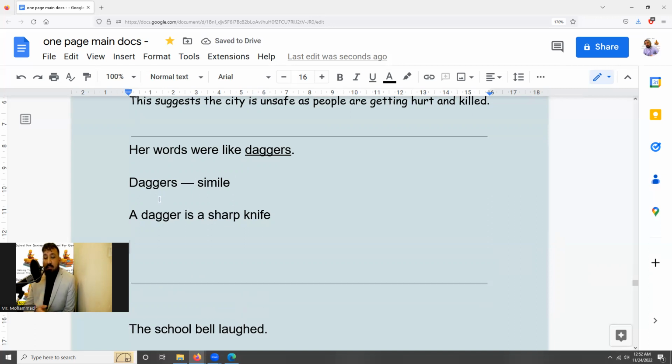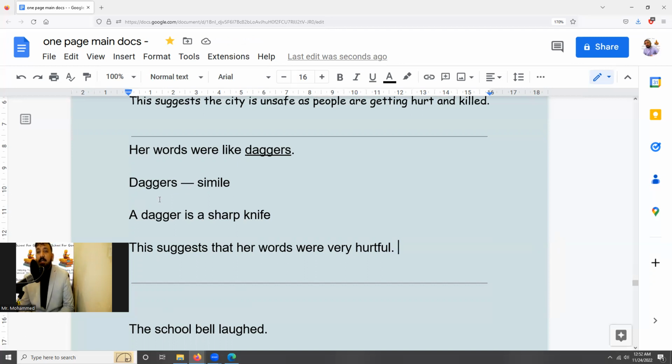Then what does this suggest? This suggests that her words were very hurtful. Yeah, like a dagger. I could also have said damaging, or painful, anything like that, yeah?